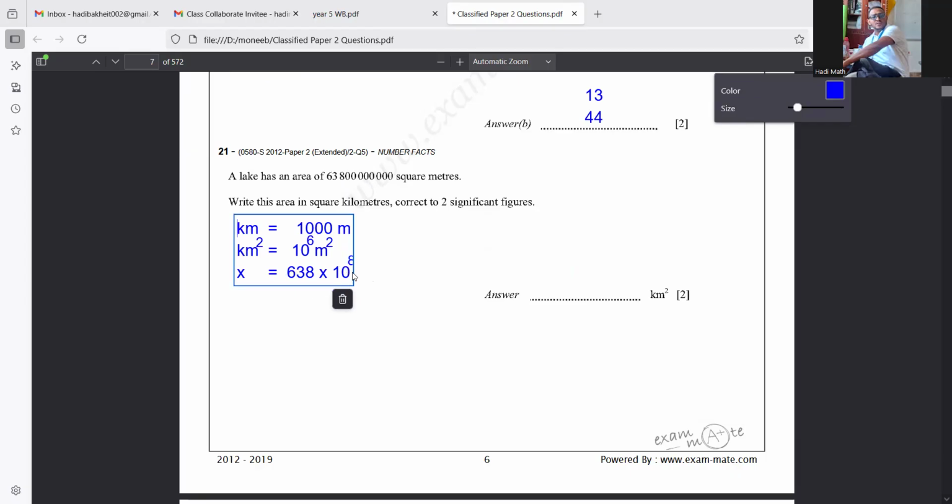Now, because it is direct proportion, you do cross multiplication. Say 10 to the power 6 x is equal to 638 multiply 10 to the power 8.